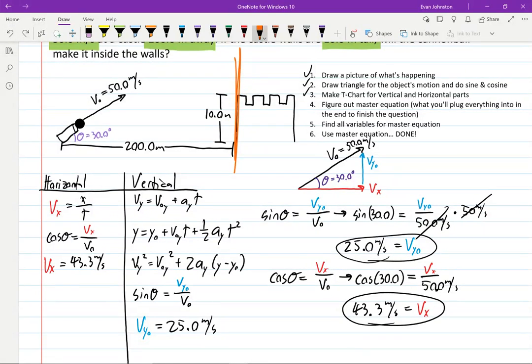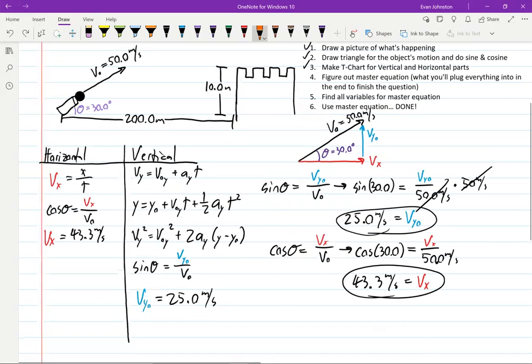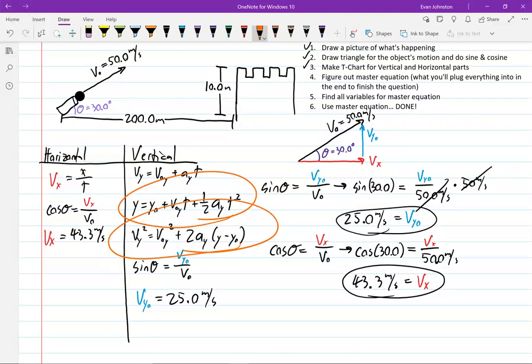Where it is in the y direction is what it's asking about. So my master equation is going to be something that has a y value in it. So already I can look at this and say that one's out. There's no y in it. I'm looking at this one and this one. One of these two is probably the correct thing, and I don't know exactly which one yet.